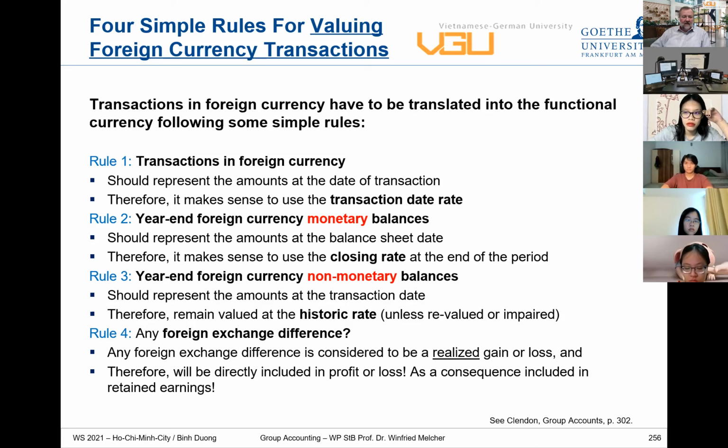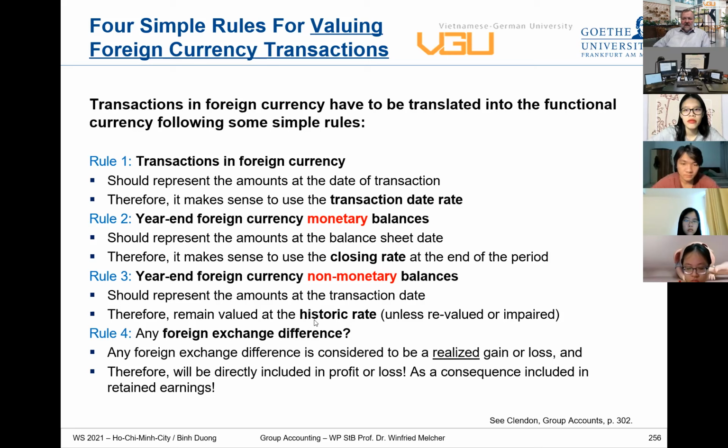That would be a monetary item then, if it's near to the money. But if the security represents an investment, and that is a long-term investment, and you don't want to get rid of it in the near future, then I would talk about a non-monetary item, because it's not so near to the money.